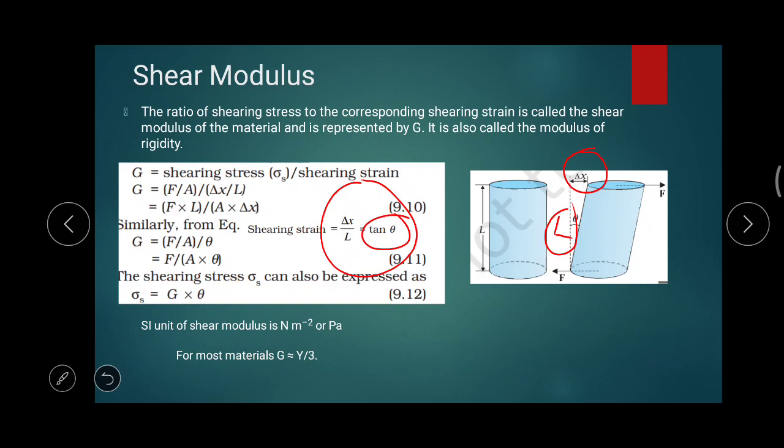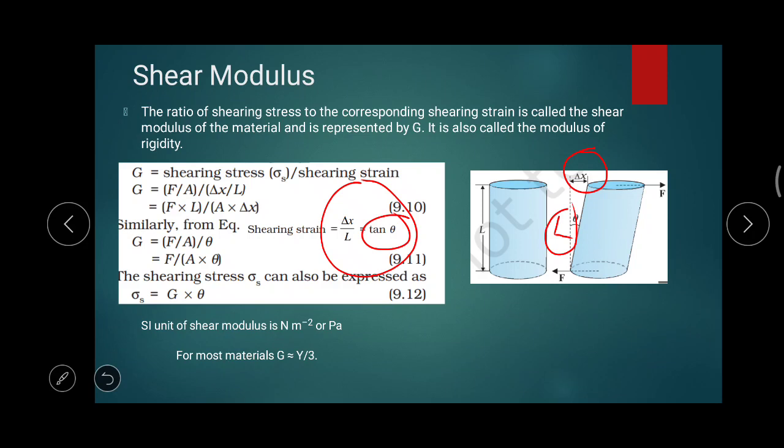Then G is equal to F by A divided by theta, and the shearing stress F by A can be determined as G into theta, where theta is the angle of displacement.